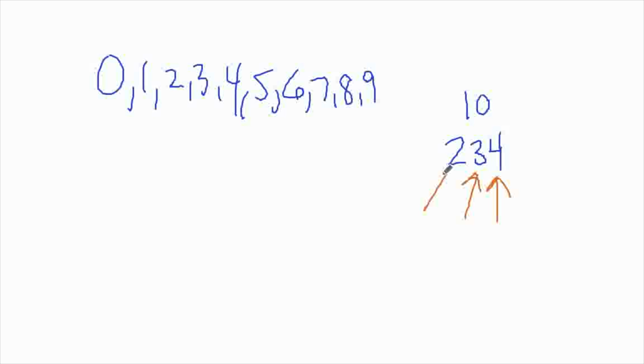The third number starting from the right represents packets of 100. So this one means you have two Ziploc bags, each with 100 sunflower seeds. So that 2 tells you that you have 200 sunflower seeds. You put it all together, you've got 200 and 30 and 4, all together makes the quantity 234.